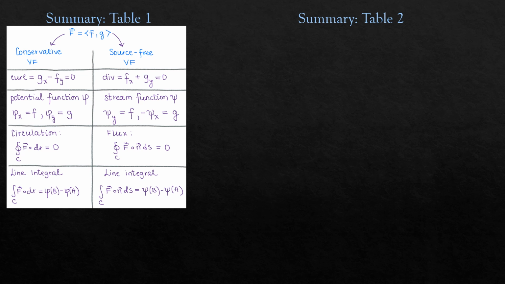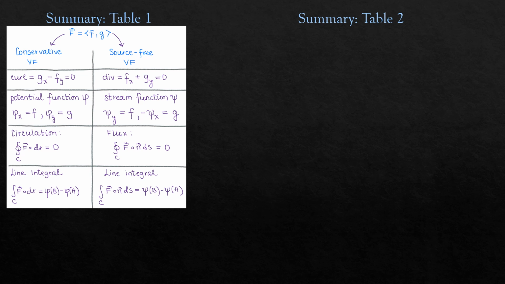Then we can take a look at two different types of vector fields: conservative vector fields, and we know a lot about those. We've discussed these types of fields in detail. And now in this lecture, we introduced another type of vector field, and that's source-free.